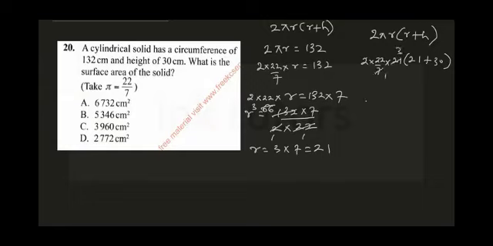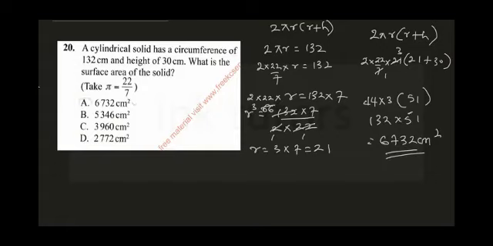So this is 44 times 3 into 51. Now when you multiply 44 by 3, that's 132 times 51. And 132 times 51 is going to give us 6732. So your area is 6327 cm squared. So the correct answer here is A.